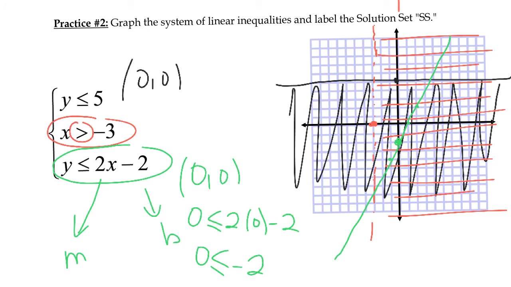So please ask yourself, is 0 less than or equal to negative 2? The answer is false. That's not true. Therefore, I will not shade the origin. Therefore, I have to shade the other side, in other words, the complement. So I'm shading this part of the graph.